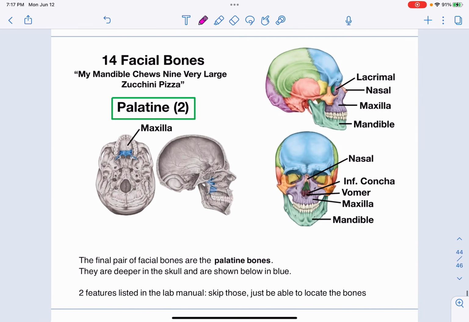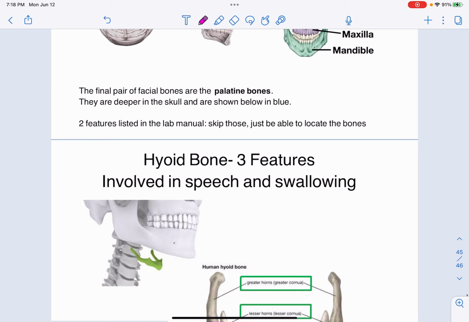We talked a little bit about the palatine bones when I was telling you about the palatine process. The palatine bones are shown in blue on the skull. There are no features to the palatine bones.